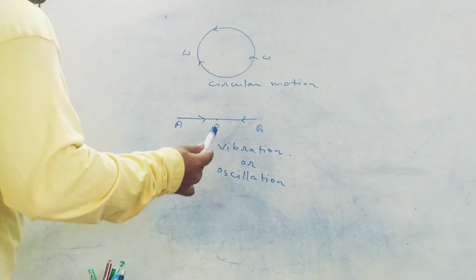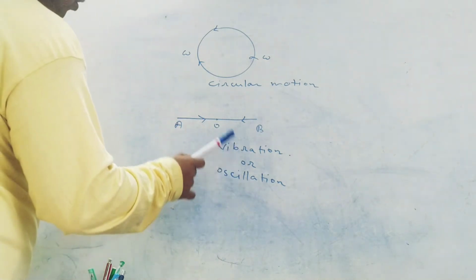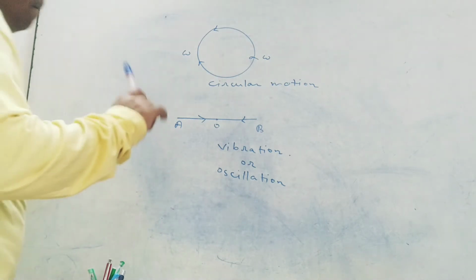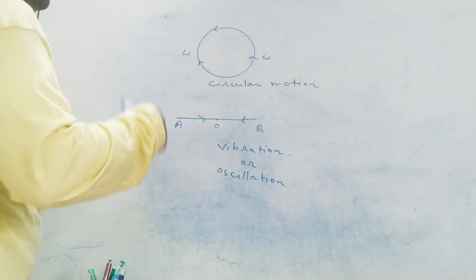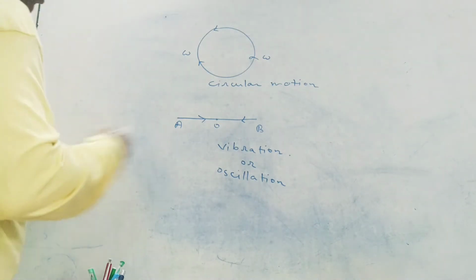Therefore, we can say that every vibration or oscillation is a periodic motion, but every periodic motion is not a vibration or oscillation.